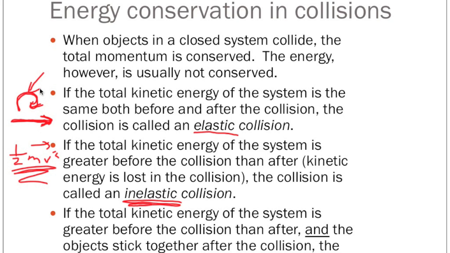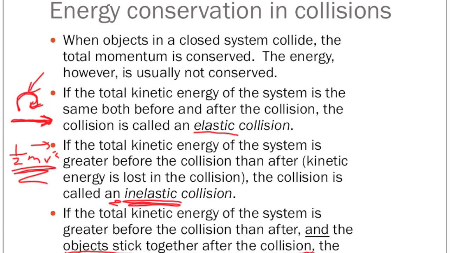Next, a subset of inelastic collisions are what are called totally inelastic collisions. In a totally inelastic collision, the total kinetic energy of the system is greater before than after, just like an inelastic collision. But in a totally inelastic collision, the objects stick together after the collision.